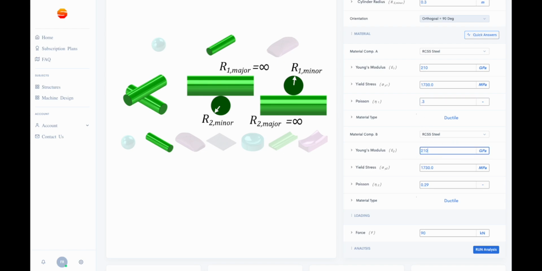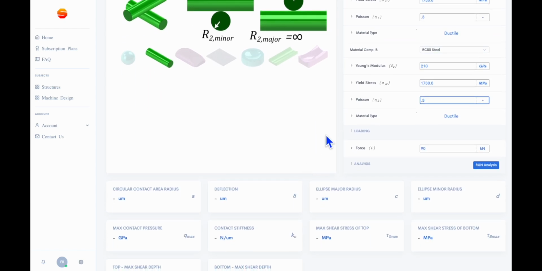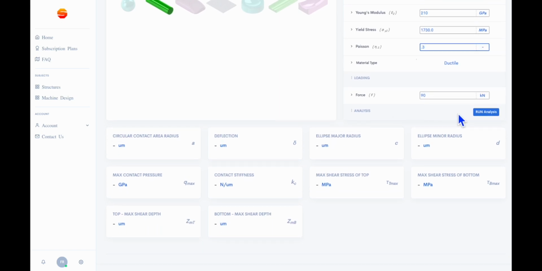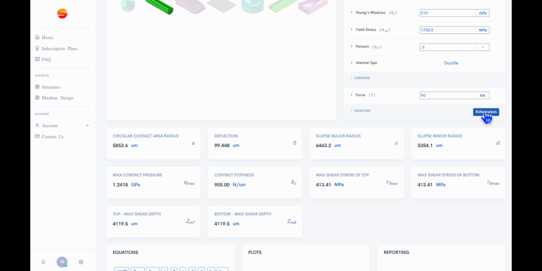One of the things you should be aware of, that when you have two materials that are the same, you can generate fretting, which is a failure mode of contacts.